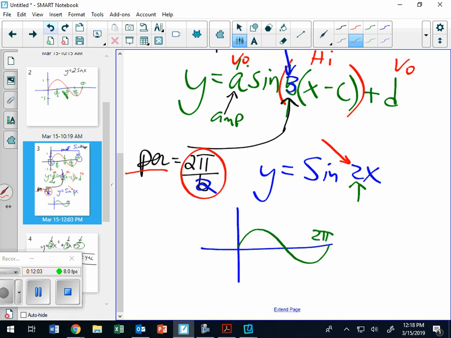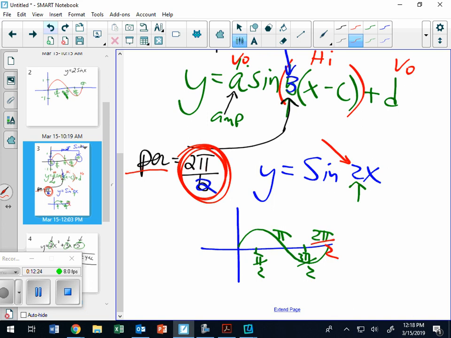So if the old numbers were 2 pi, pi over 2, and this one's the hardest one, 3 pi over 2, for my new numbers, you divide everything by 2. Watch what happens. The period used to be 2 pi, and now it's 2 pi divided by 2.